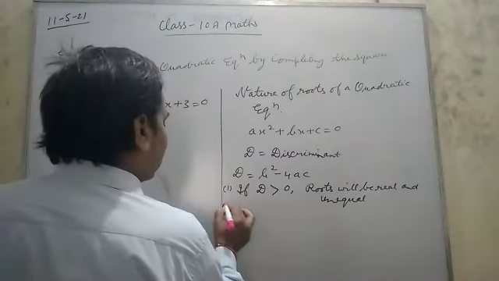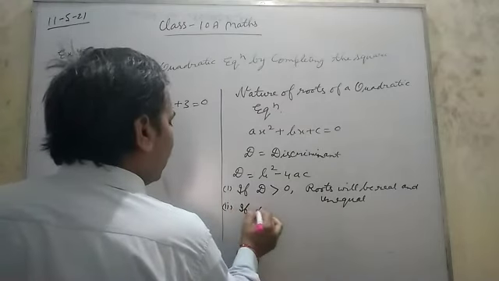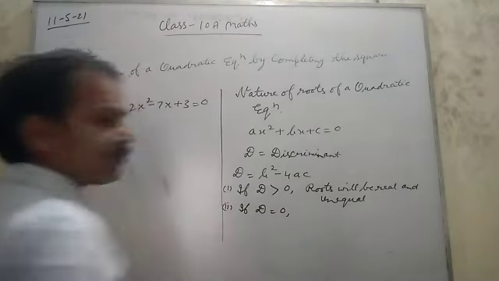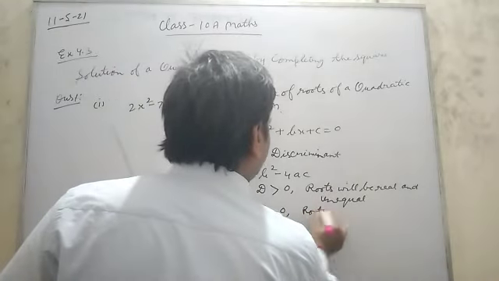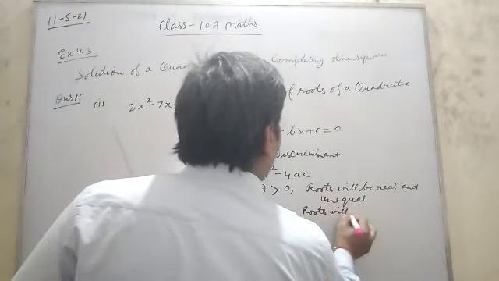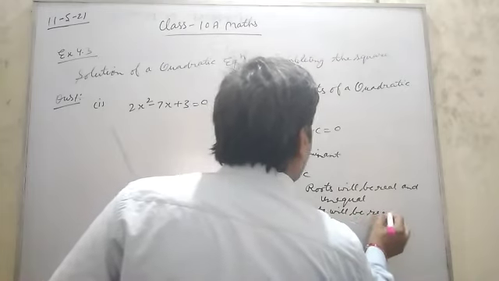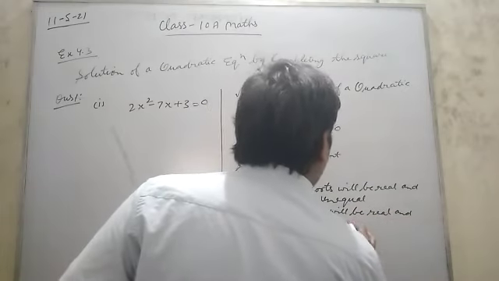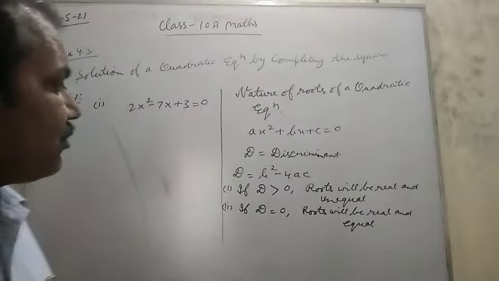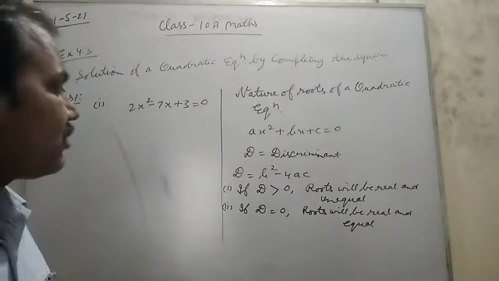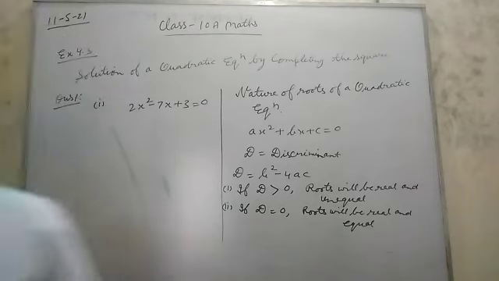Then second condition, if D is equal to 0, then roots will be real and equal. Means if the discriminant is equal to 0, then roots will be real and both roots will be equal also.